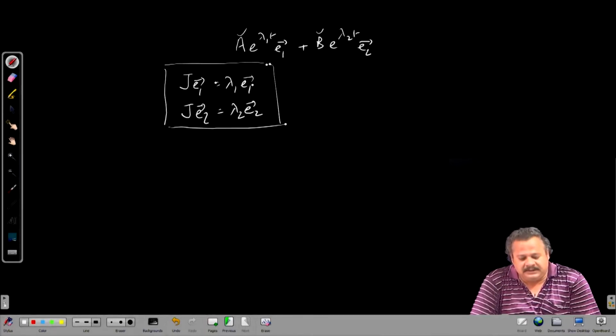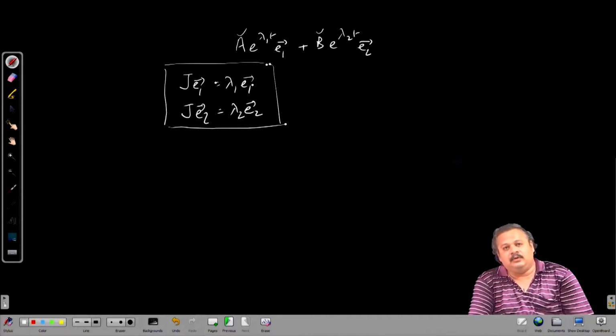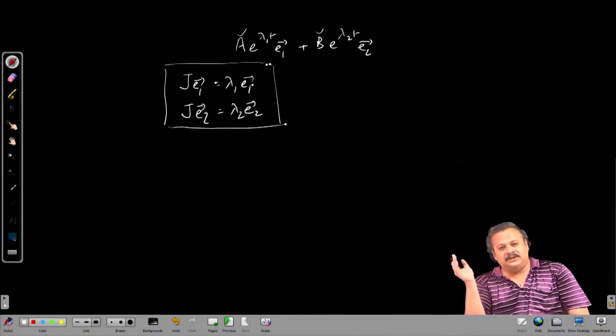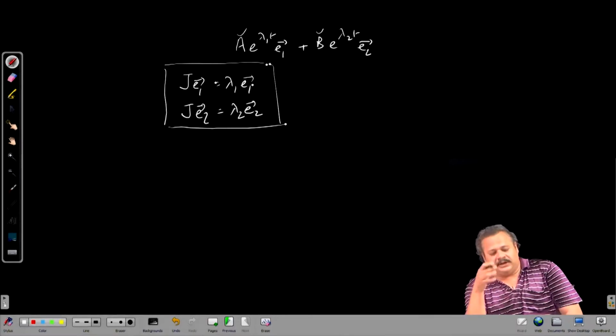As we have discussed earlier, depending on the sign of lambda 1 and lambda 2, the solution either decays along E1 and E2 or diverges along E1 and E2 over time.